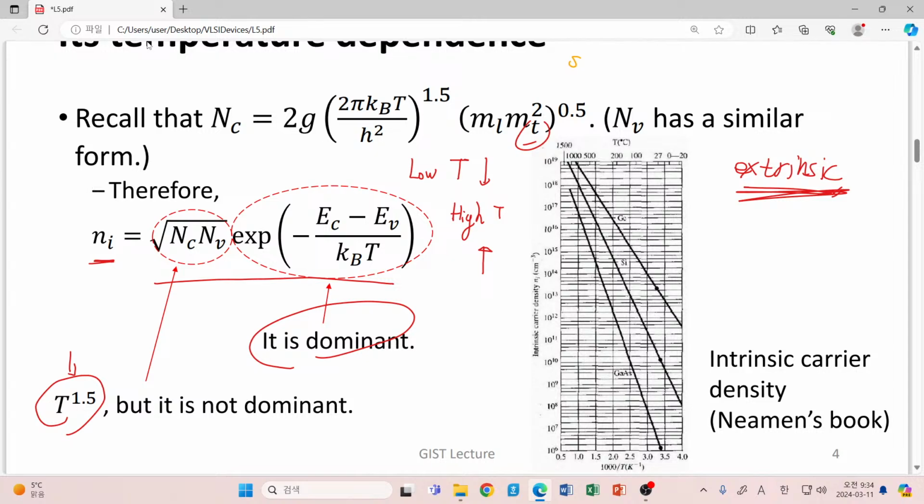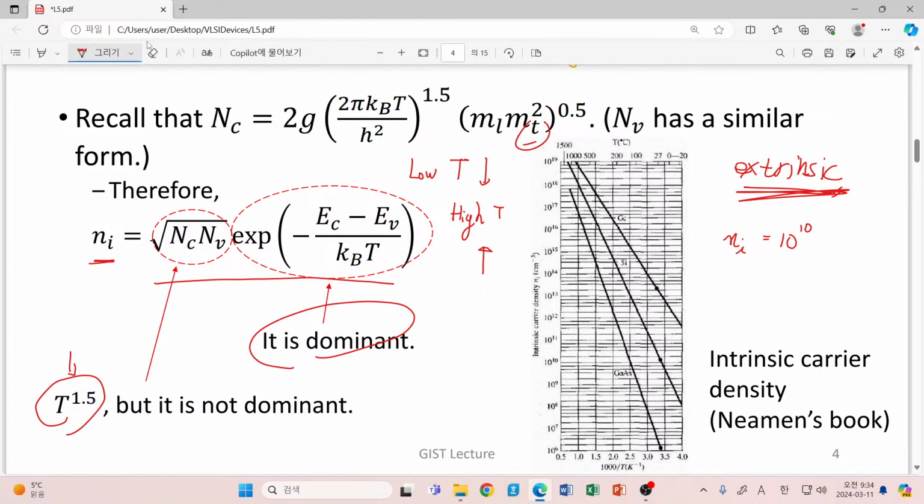Although I will explain it later, the intrinsic carrier density of silicon at 300 Kelvin is approximately 10 to the 10 per cubic centimeter. Then in this case, a doping density like 10 to the 17 per cubic centimeter is a really big deal.